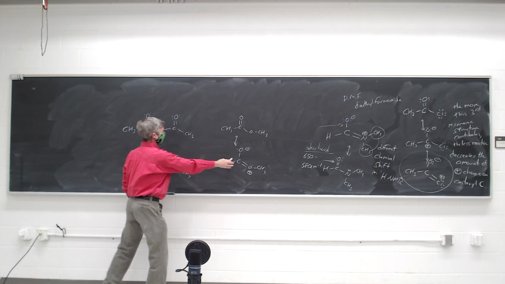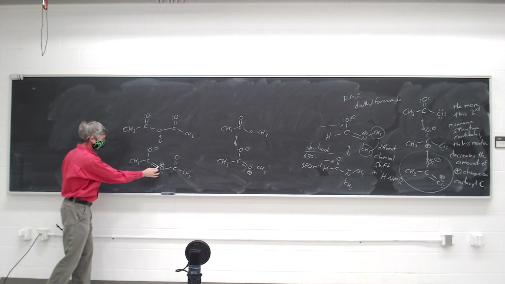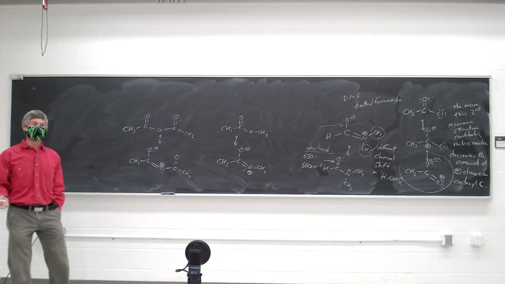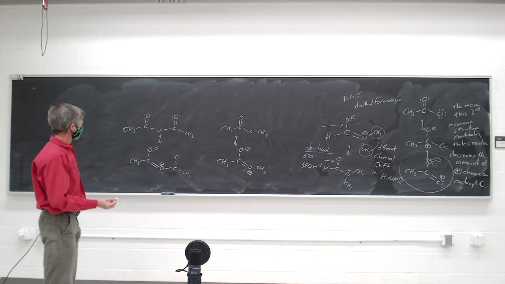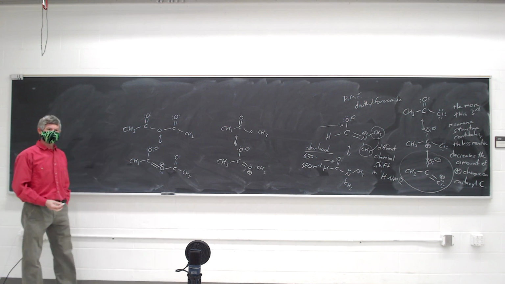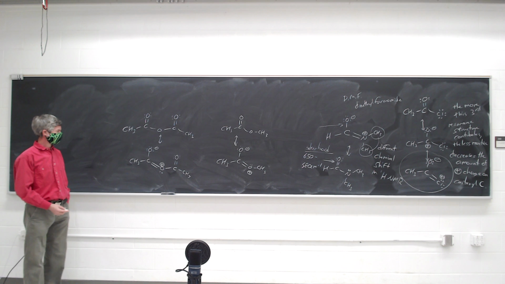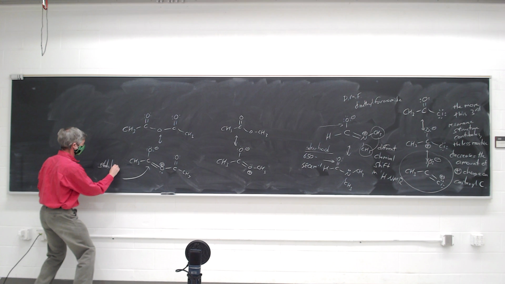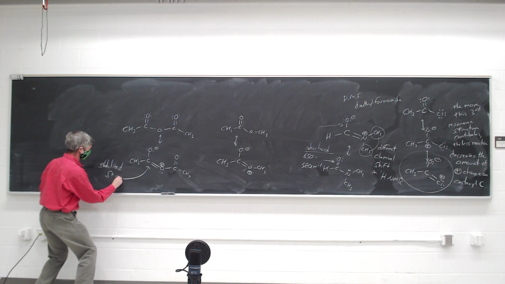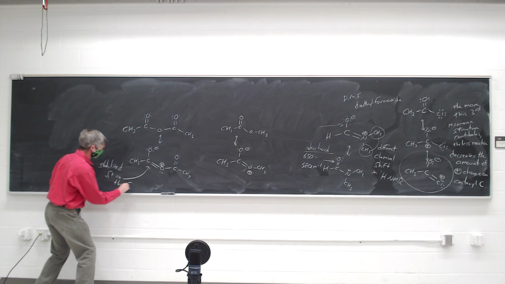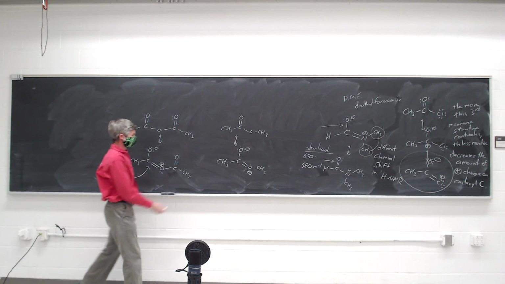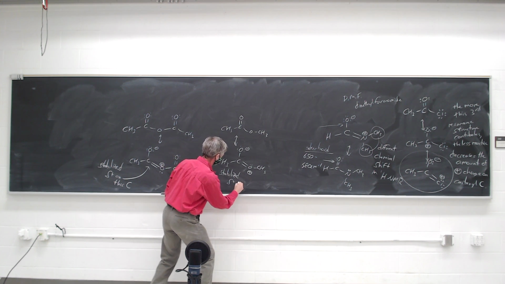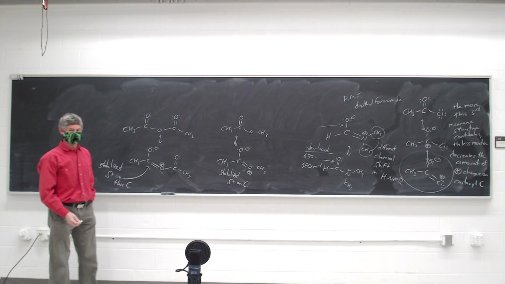This is a whole lot more reactive than that one, even though that's a carbon-oxygen pi bond, and that's a carbon-oxygen pi bond. So what is going on? Why are they not identical in reactivity? We've got a stabilized partial positive on this carbon, we've got a stabilized partial positive on this carbon. What's going on?